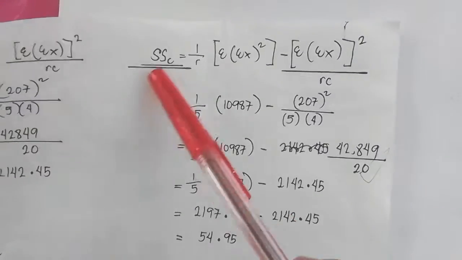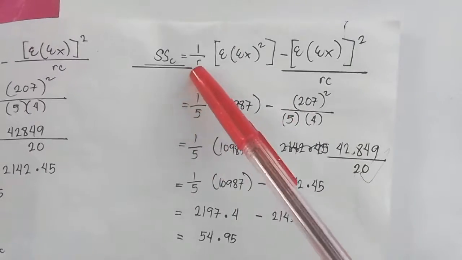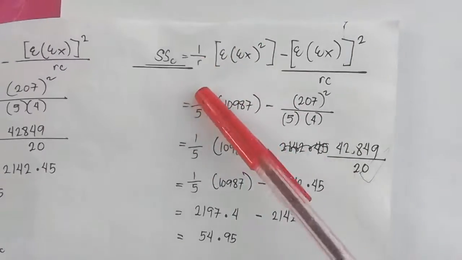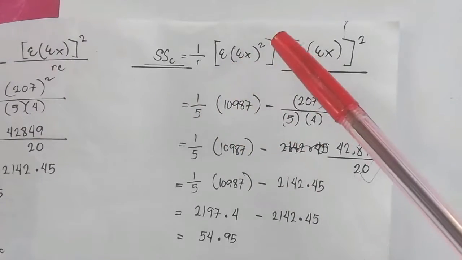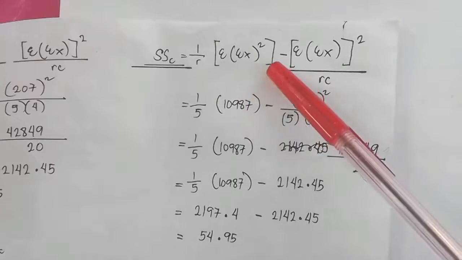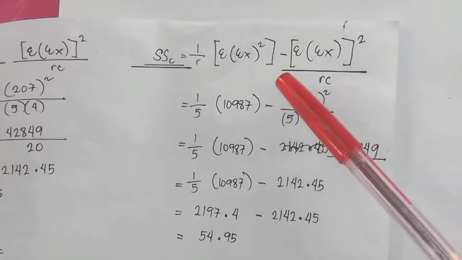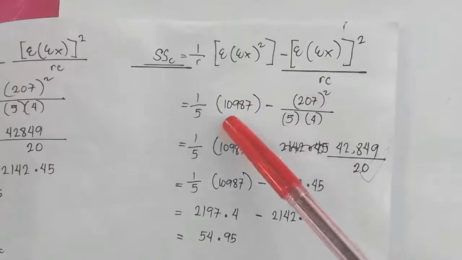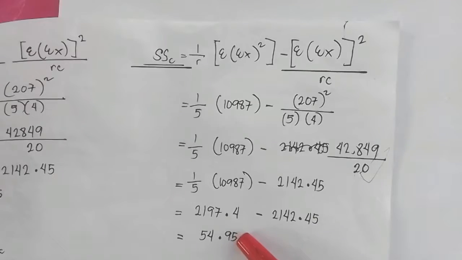Next, solve for the SS sub c equals 1 divided by r times the summation of the squared of summation x minus the squared of the summation x divided by RC, then substitute, then the answer is 54.95.